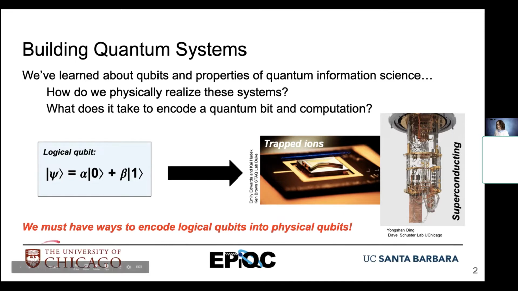So we have to have a way to encode those logical algorithm qubits into physical device qubits. And just something to note, these pictures are from the Stack Lab, and this is from the Schuster Lab at UChicago. So these are some real devices that are actively being used for research.